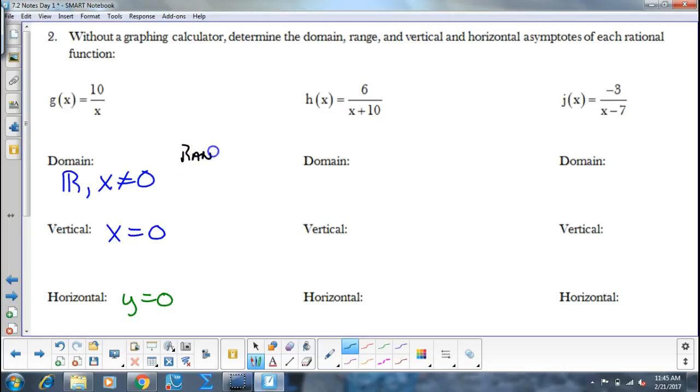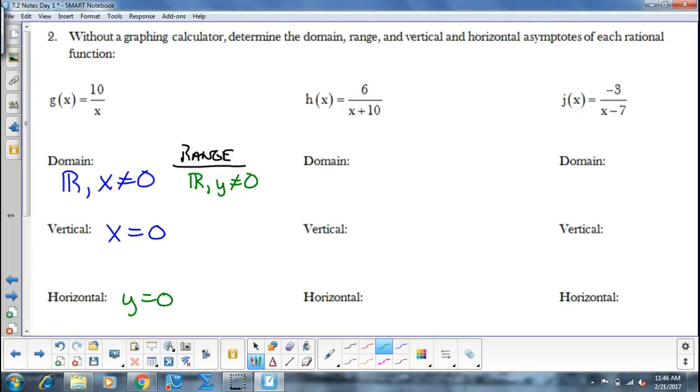Range. What's the range here then? Y cannot equal 0. Yep, so this is all real numbers, but then y cannot equal 0. Jacob, domain of the next one. All real numbers.